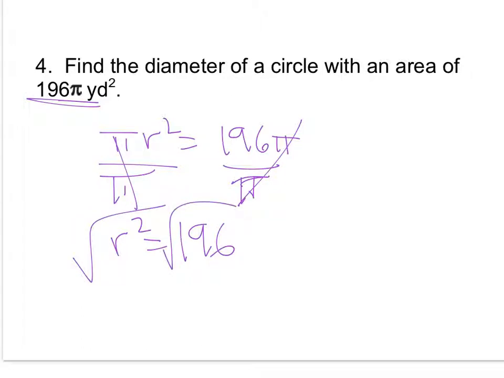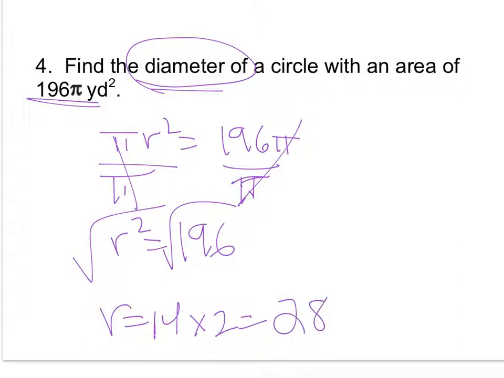When I square root that, r is going to be 14. But they want the diameter. So diameter is just double that, so my diameter is going to be 28 yards. There's my answer. Okay, so a little square rooting, a little division, and I'm there.